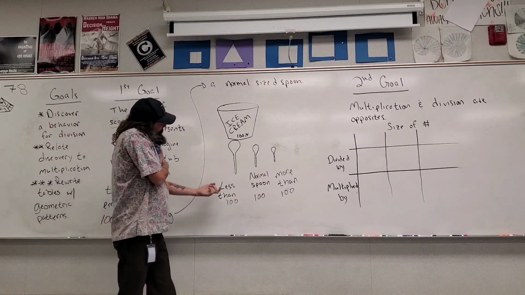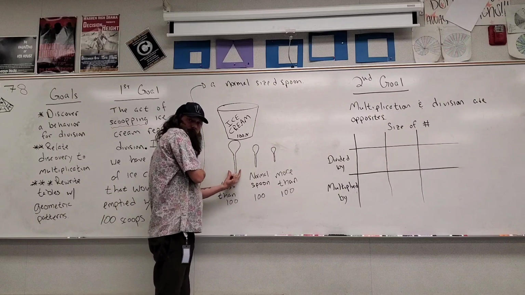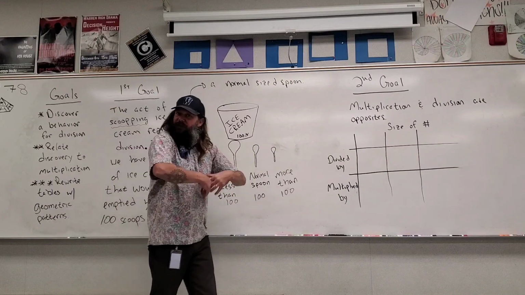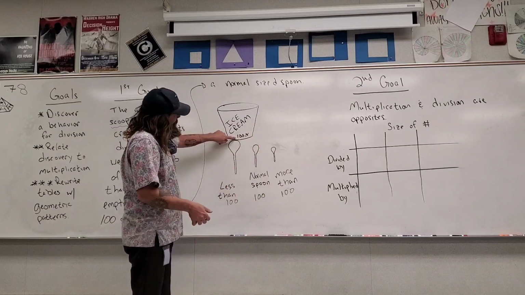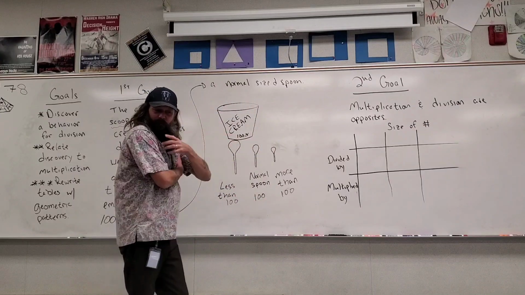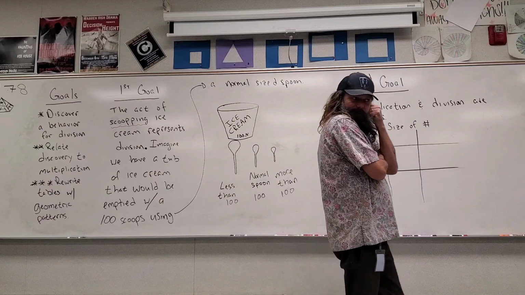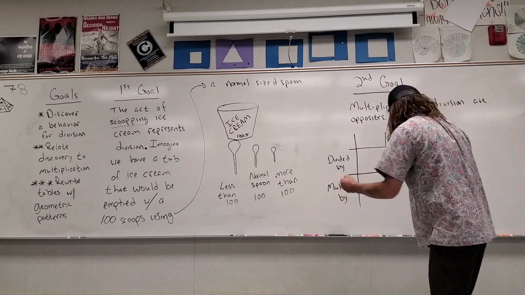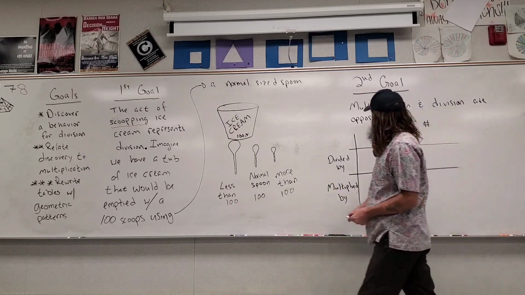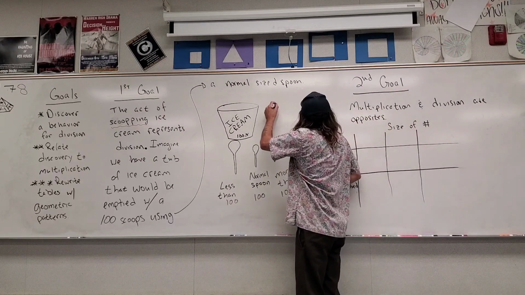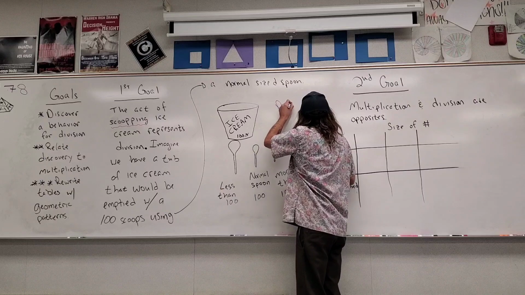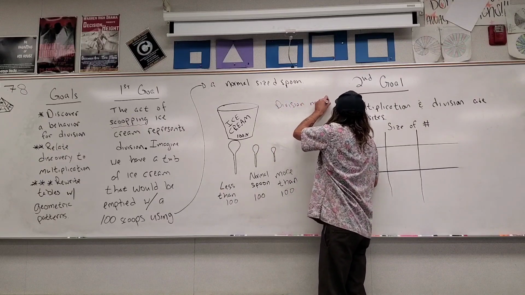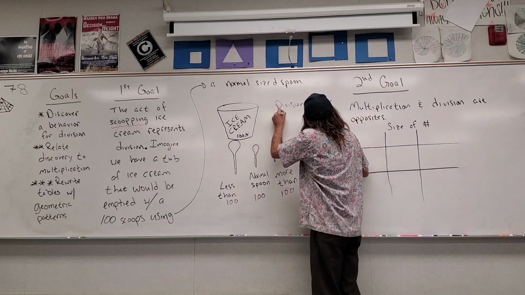So this spoon, when we use it, we get a result that's smaller. And so for a lot of us, we assume that division makes things smaller. That is something that we assume. Division makes numbers smaller.